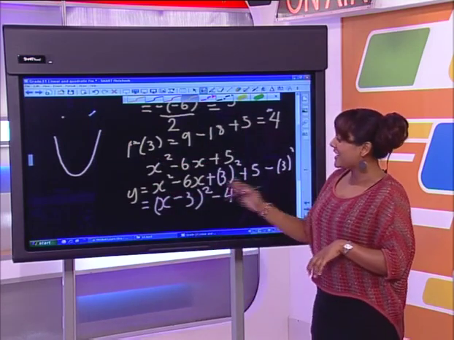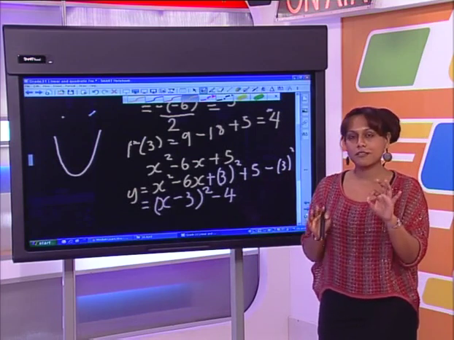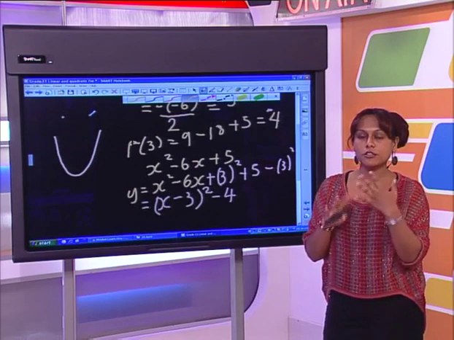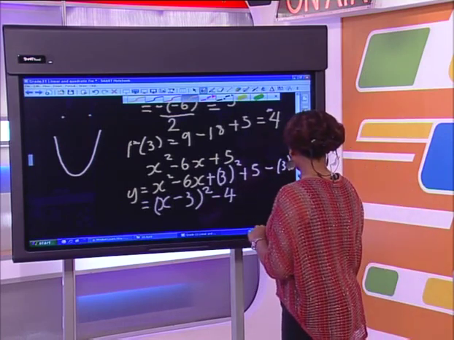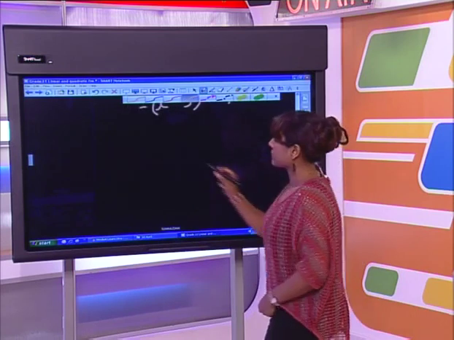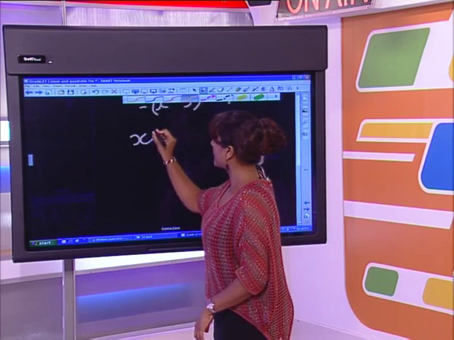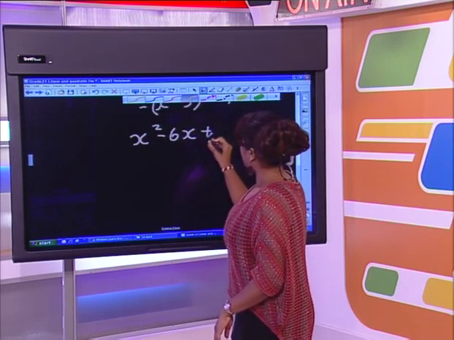All right. And once we've got the shape, we've got the turning point, the other thing that we need, and you always work these out no matter what graphs you're dealing with, you need your x and y intercepts. So work out the x and y intercepts. Remember, to work out your x-intercept, you let y be 0. So we have x squared minus 6x plus 5.